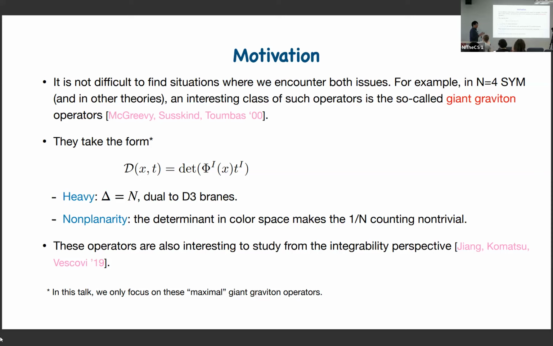The supergraviton operators we looked at in the previous lecture are dual to gravitons. But for these giant graviton operators, the interpretation is different. In the bulk, they are due to extended objects, which are D3-branes. Because of this determinant form, the 1/N counting is different.